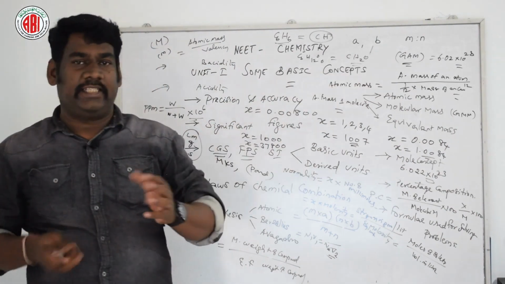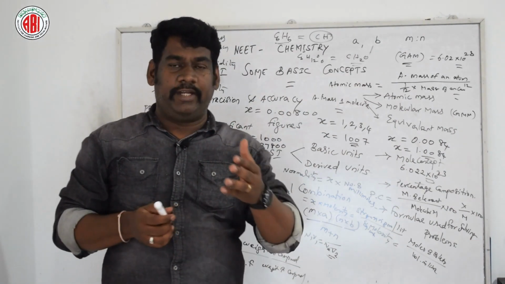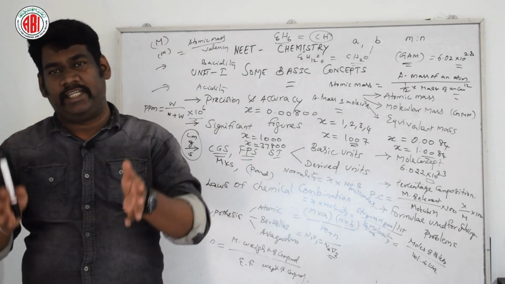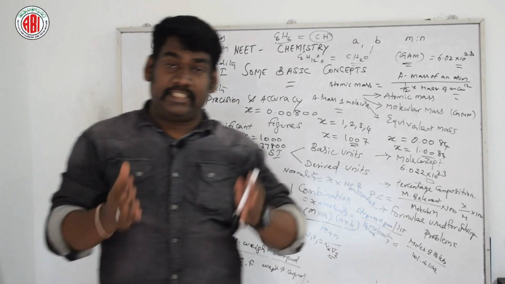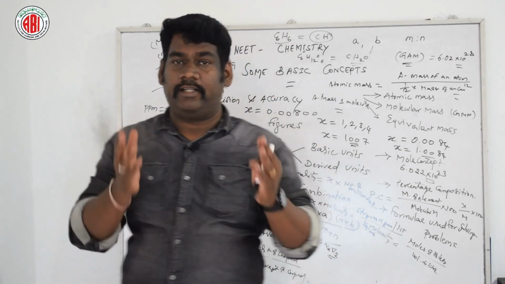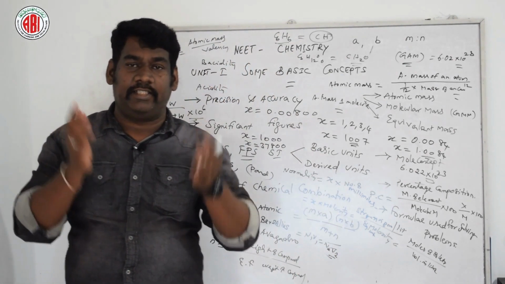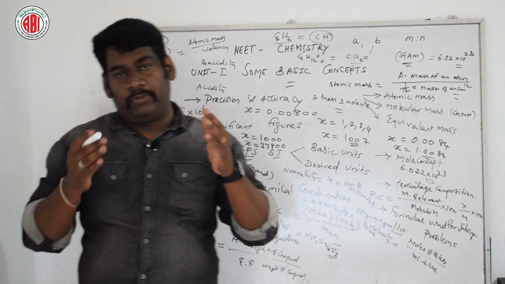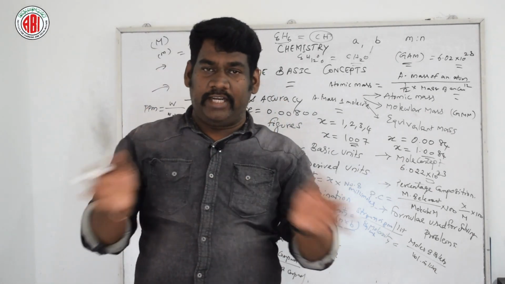For the determination of the empirical formula, we follow a few steps. The first step is finding the percentage of each element. If it is given as a ratio, we can convert it into percentage, or consider the ratio for each element. The second step is the determination of the mole ratio.